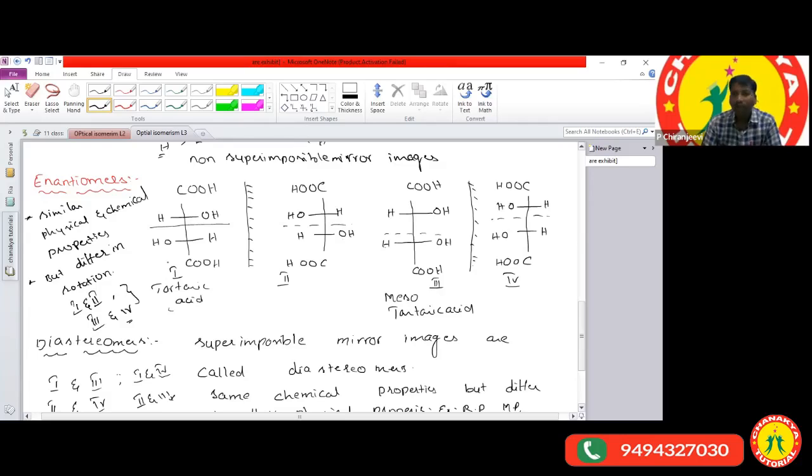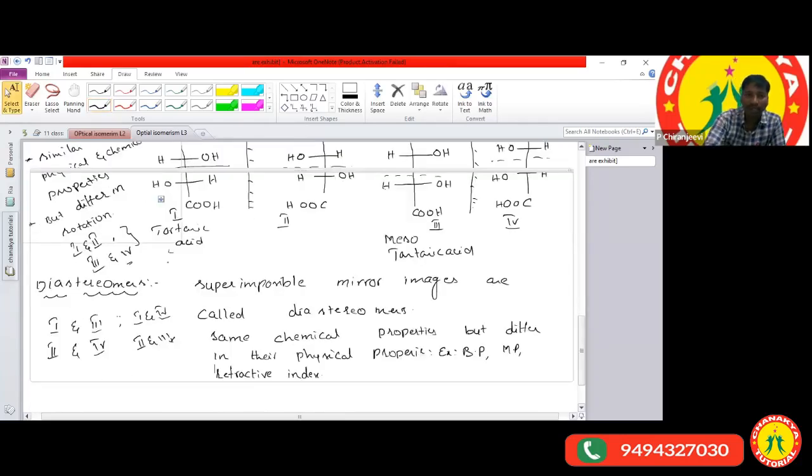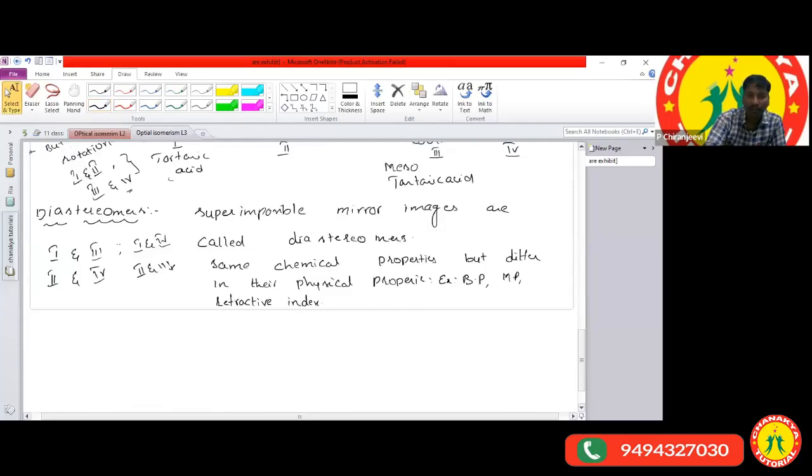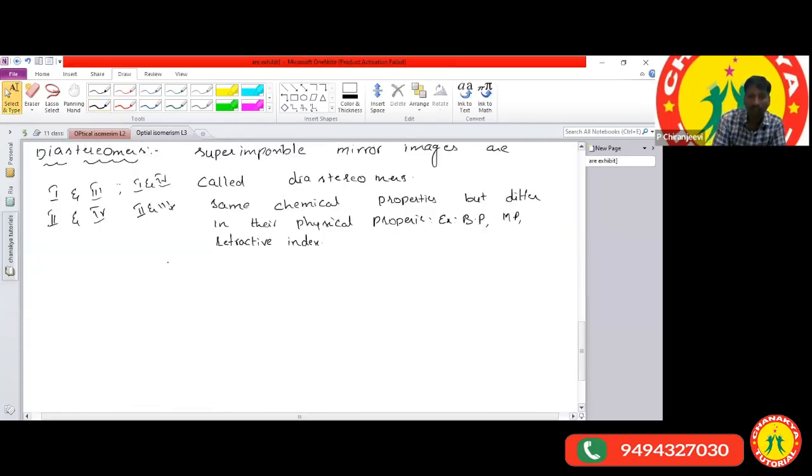Okay, and along with that we have some other second one. So what is it? Racemic mixture. Some basic 12th standard terms here. So what is meant by the racemic mixture?